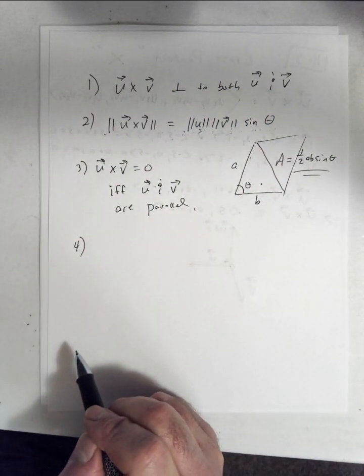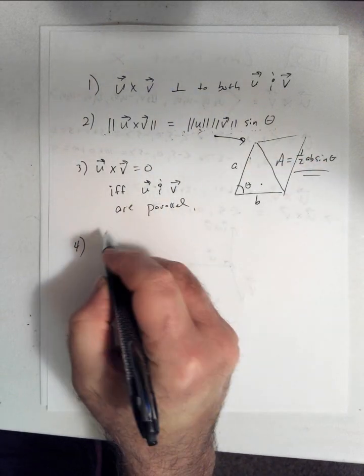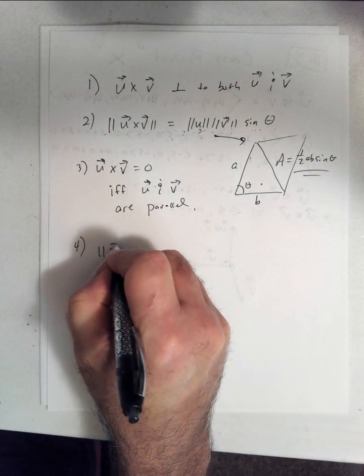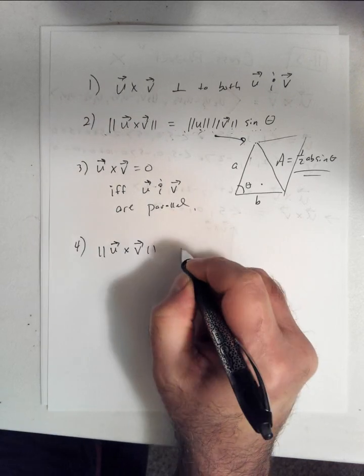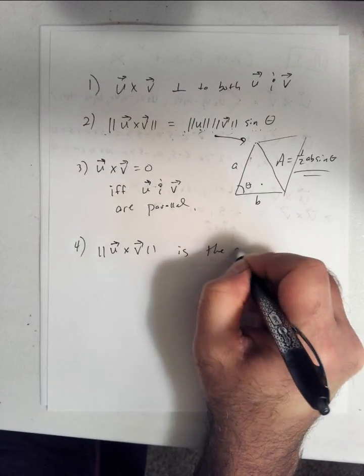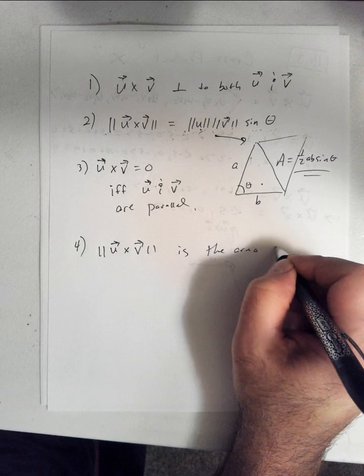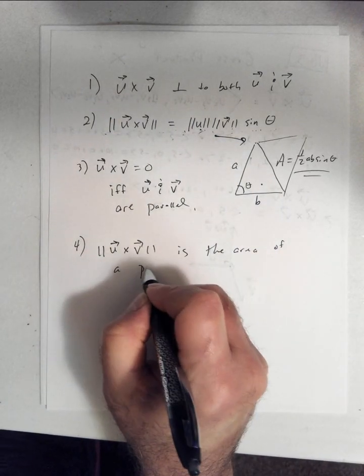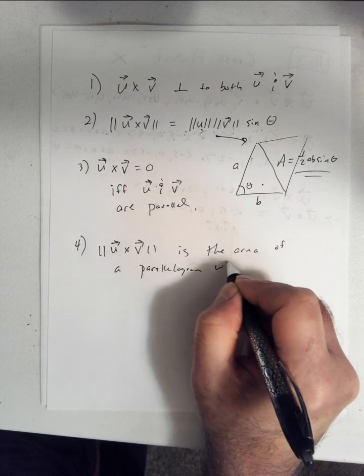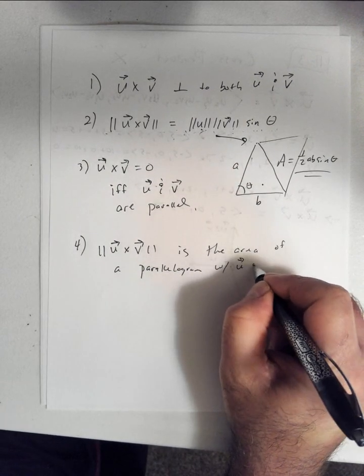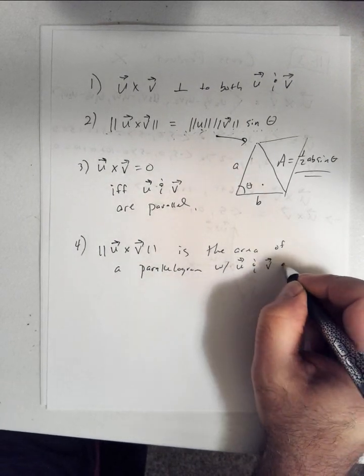A parallelogram. So this cross product, when we take its magnitude, is the area of a parallelogram with u and v as sides.